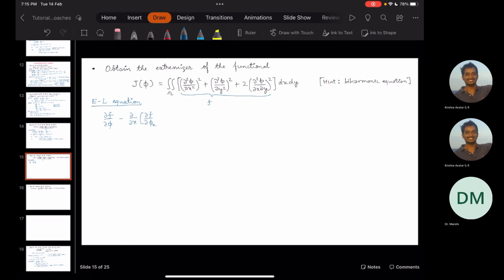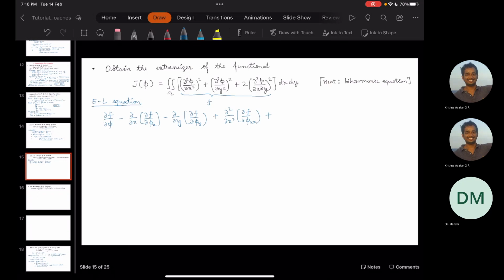I'm just referring to the partial derivative of some quantity with respect to the independent variable as a subscript. So it's phi x here, and minus dou by dou y of dou f by dou phi y, plus dou square by dou x square of dou f by dou phi x x, the second derivative.